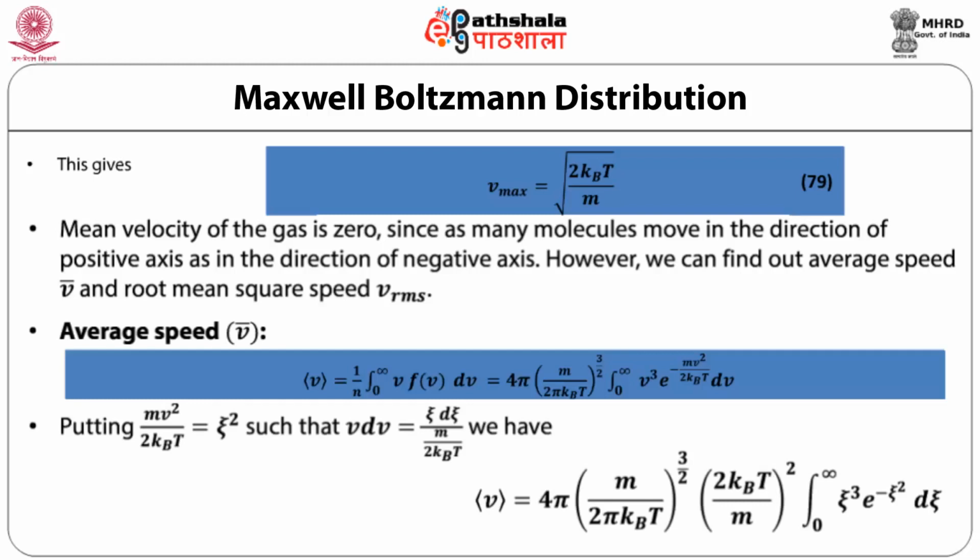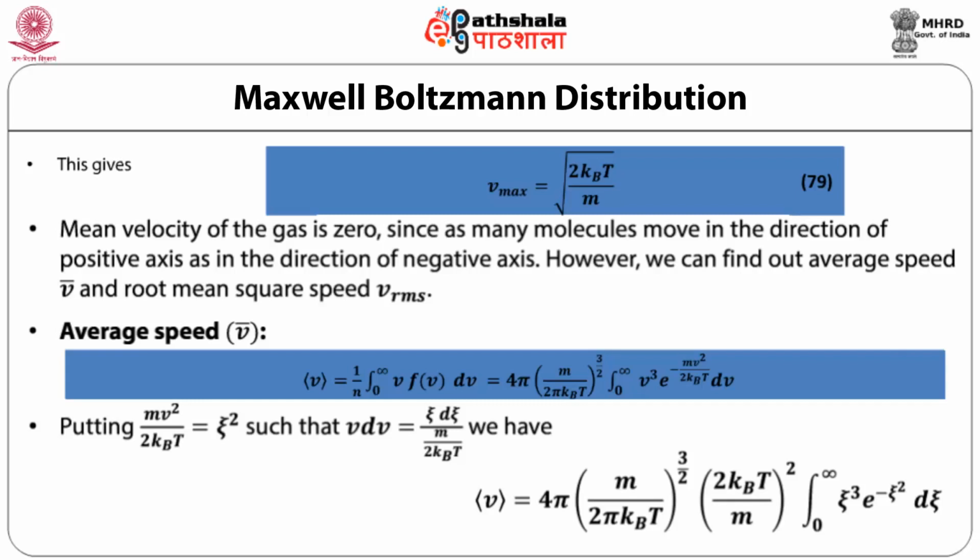Average speed v̄ is equal to 1/N times the integral from 0 to infinity of v f(v) dv, which is equal to 4π (m/2πk_BT)^(3/2) times the integral from 0 to infinity of v³ e^(-mv²/2k_BT) dv. Putting mv²/2k_BT equal to ζ², such that v dv is equal to ζ dζ divided by m/2k_BT.